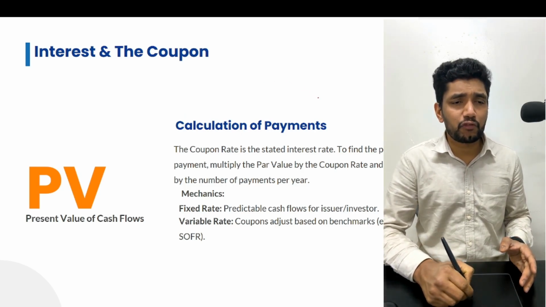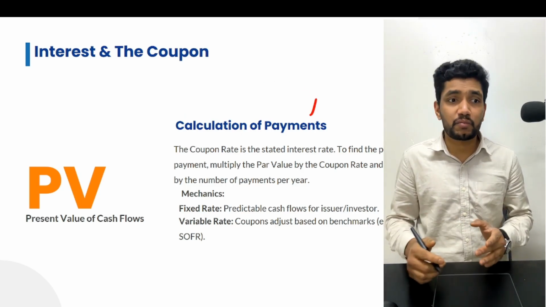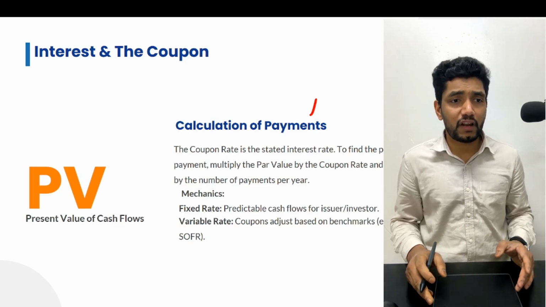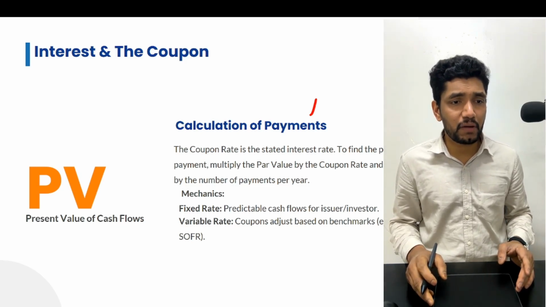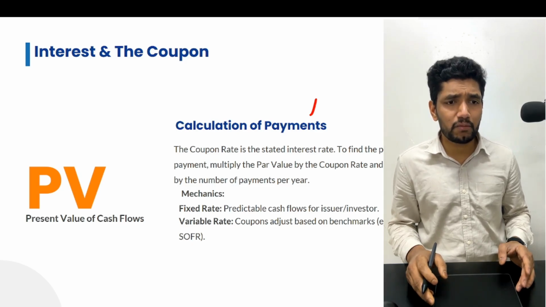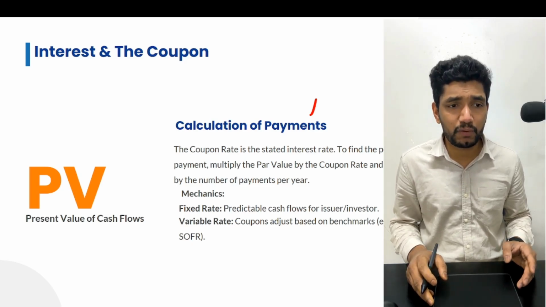Now the calculation of the interest payment. The coupon rate is a standard interest rate. To find the periodic payment, you multiply the par value by the coupon rate and divide by the number of payments per year.